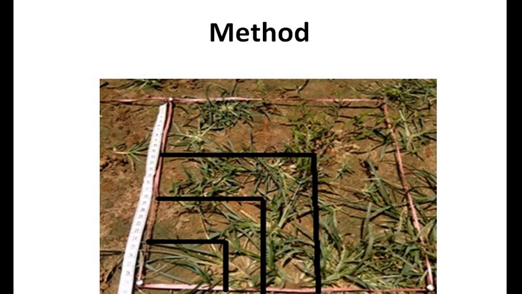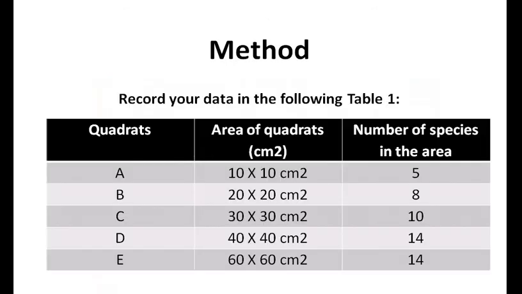Then we encountered the number of species occurring in that quadrate. Now we doubled the quadrate size and counted the number of species, with each additional species occurring in the new quadrate encountered.